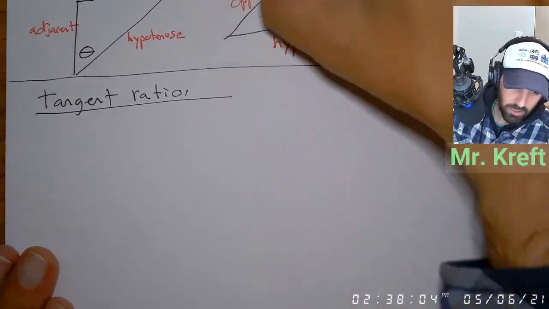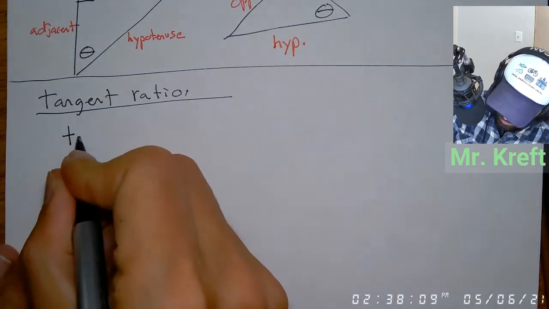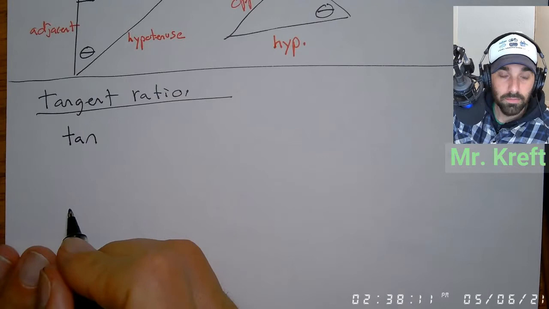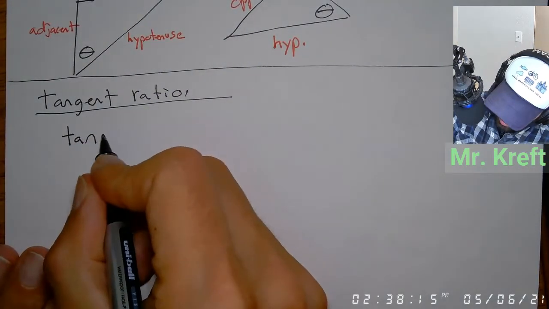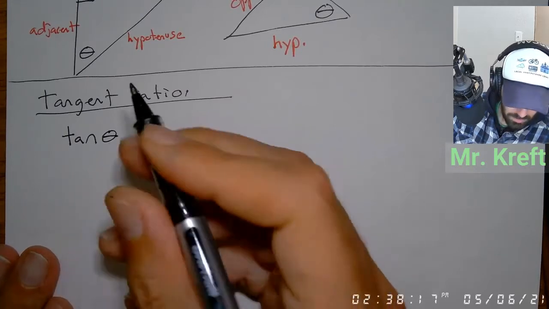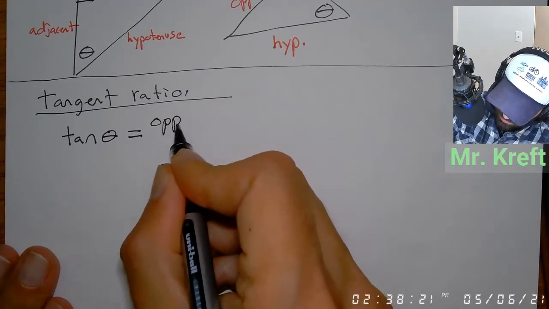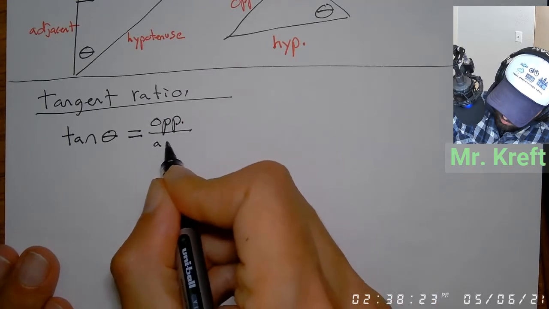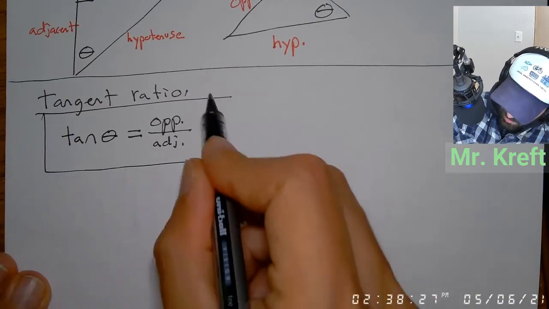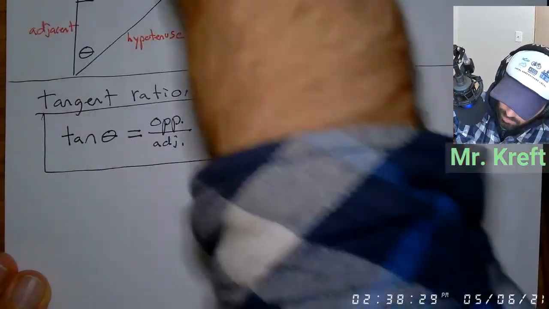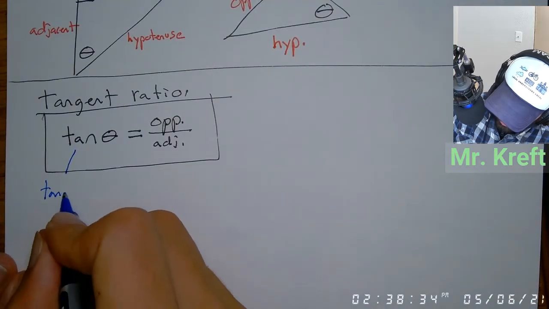Okay, so the tangent ratio is this. We shorten tangent to tan, but you never say tan. You say tangent. Tangent of theta equals the ratio of opposite over adjacent. Okay, and let me break this down for you guys. So the tan means tangent.